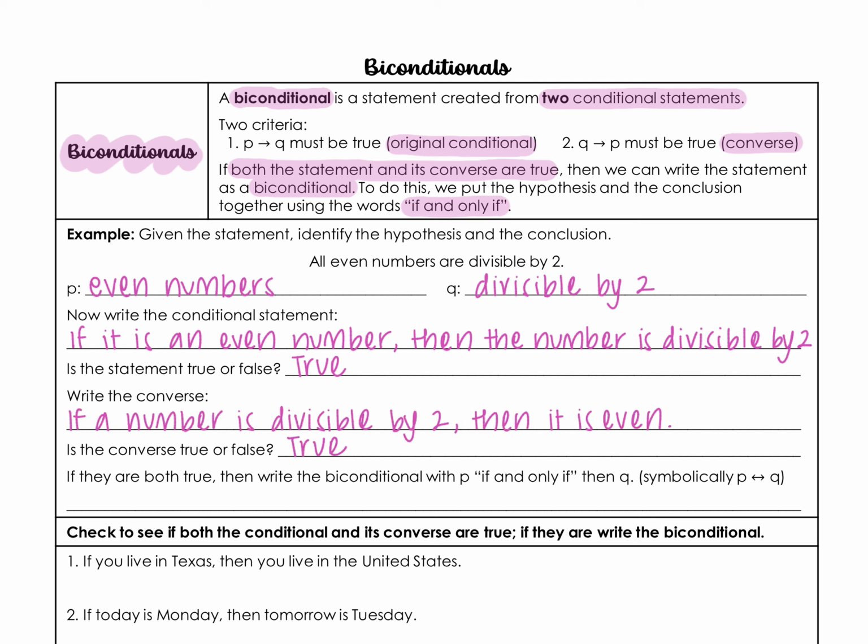The last part for this example is, if they are both true, then we can write a biconditional with P, if and only if, Q. We have that symbolic form written out there for you to see. Here I'm going to write the biconditional.